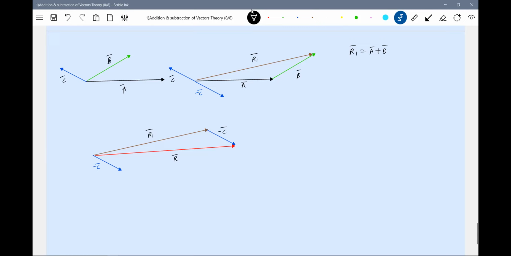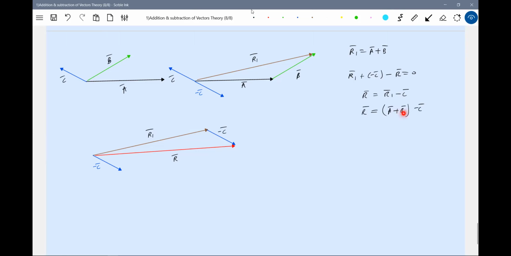Now look at the equation. It will be R1 bar plus minus C bar minus R bar equals 0. So R bar is equal to R1 bar minus C bar. What is R1 bar? A bar plus B bar. We are performing both.